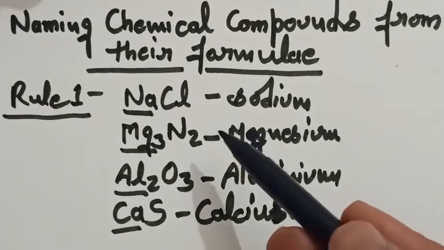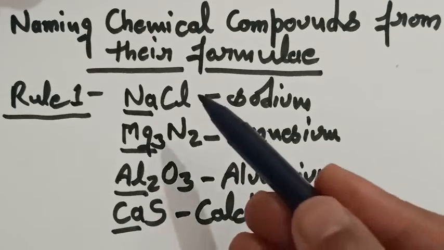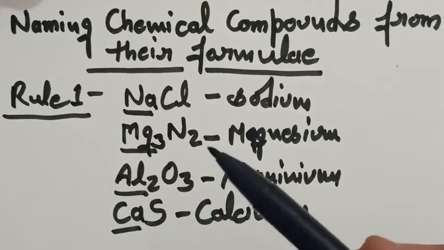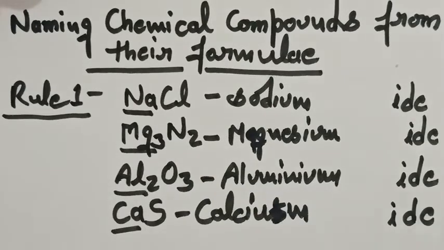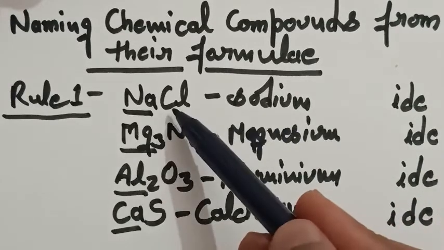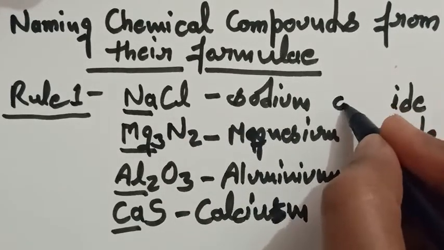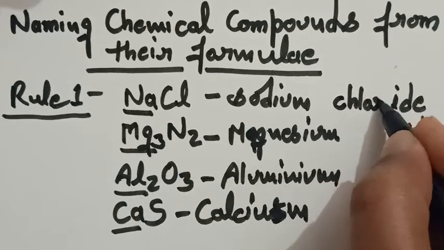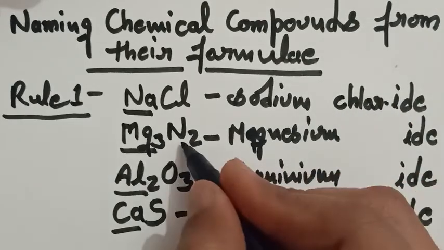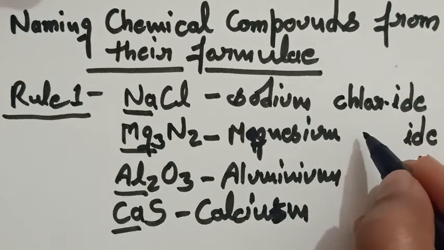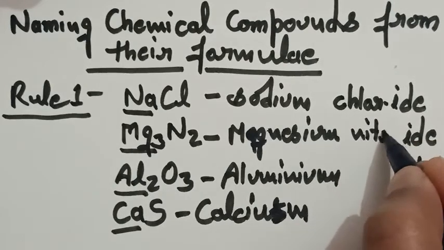And the non-metallic part is provided with the suffix "ide." The non-metallic part is given the suffix "ide" at the end, meaning this is chlorine, so that is why chloride. This one is nitrogen, so nitride.